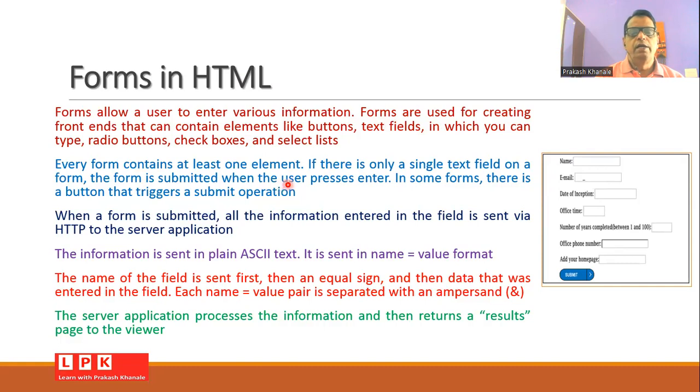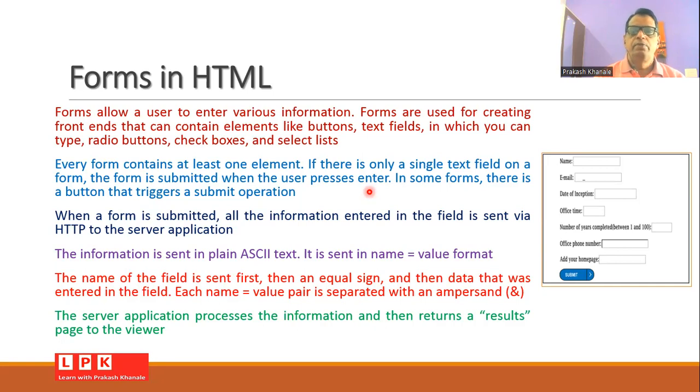Every form will contain at least one element. If there is only a single text field on the form, then whenever you press enter, the data entered in the text field will be submitted to the server. But many times there is more than one piece of information to be entered.